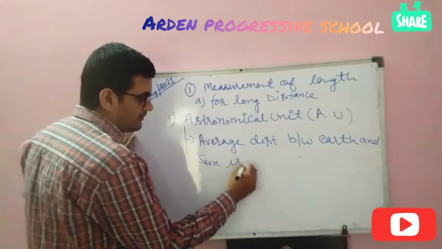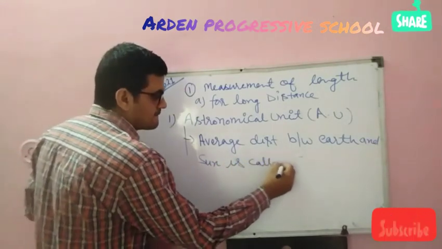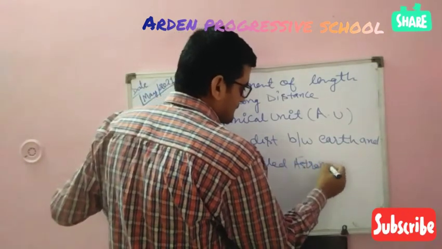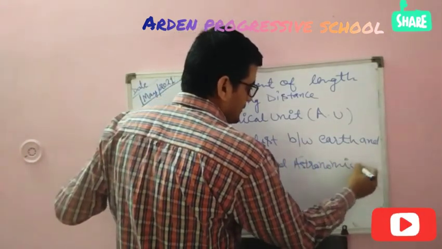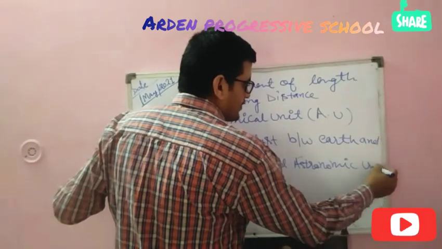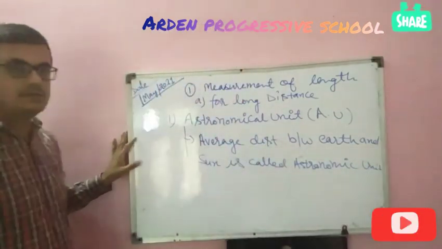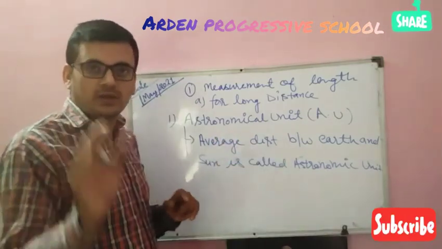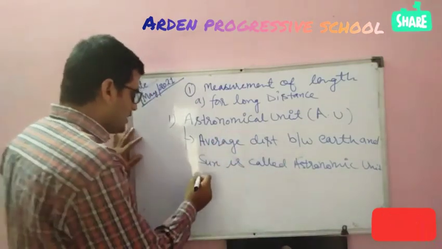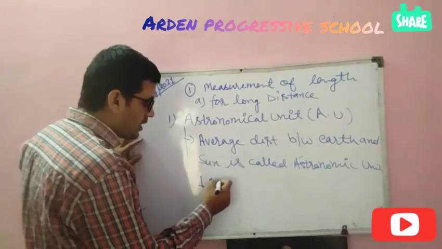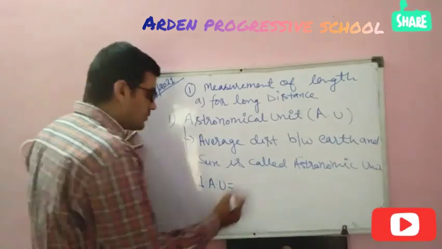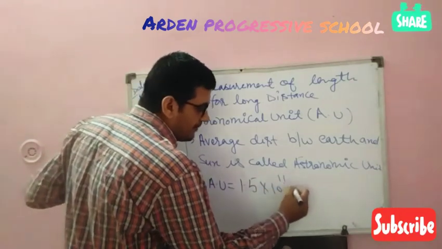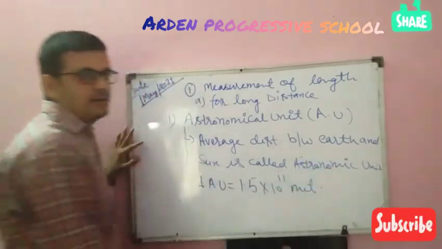It's called an astronomical unit. Got it? The average distance between Earth and Sun is called the astronomical unit. So one astronomical unit is equal to 1.5 into 10 to the power 11 meter.